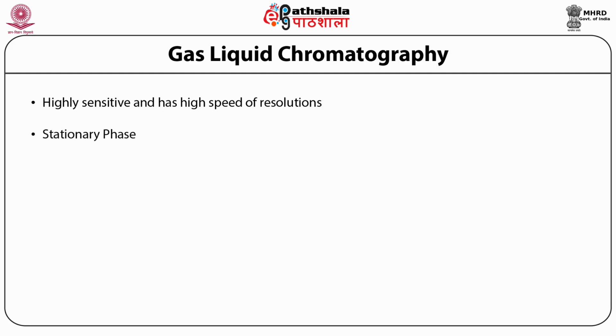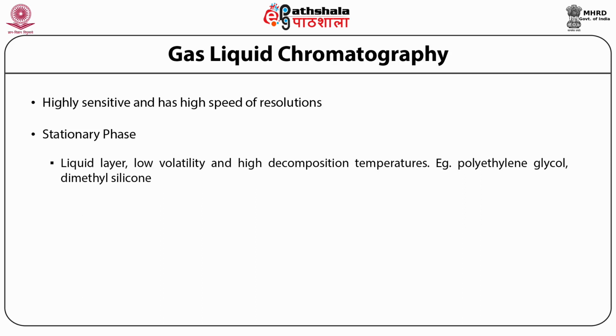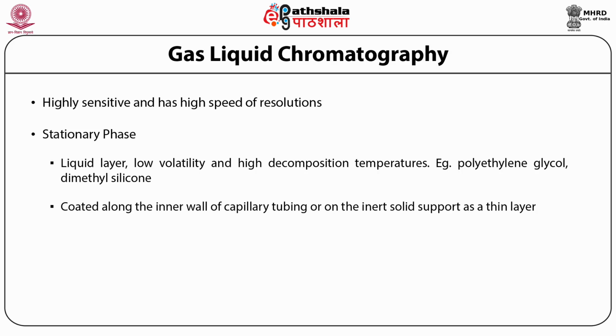The liquid stationary phase used in gas liquid chromatography generally has low volatility and high decomposition temperatures, like polyethylene glycol, dimethyl silicon, diethyl glycol succinate, etc. The non-volatile liquid coated along the inner wall of capillary tubings or on the inert solid support as a thin layer helps in partitioning of the sample components between the stationary phase, that is the liquid layer, and the mobile phase, that is the carrier gas.